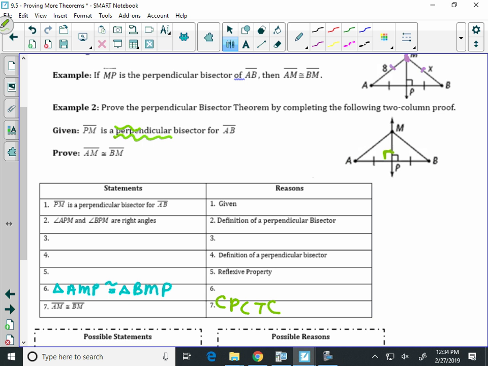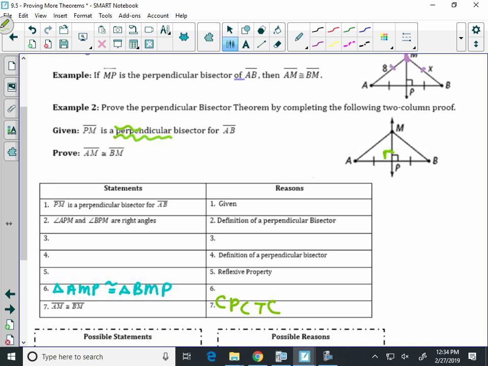Whenever we're told we have right angles, what do we know about every single right angle? They all equal 90, right? So that means all right angles are what? They're all the same, which means they're all congruent.